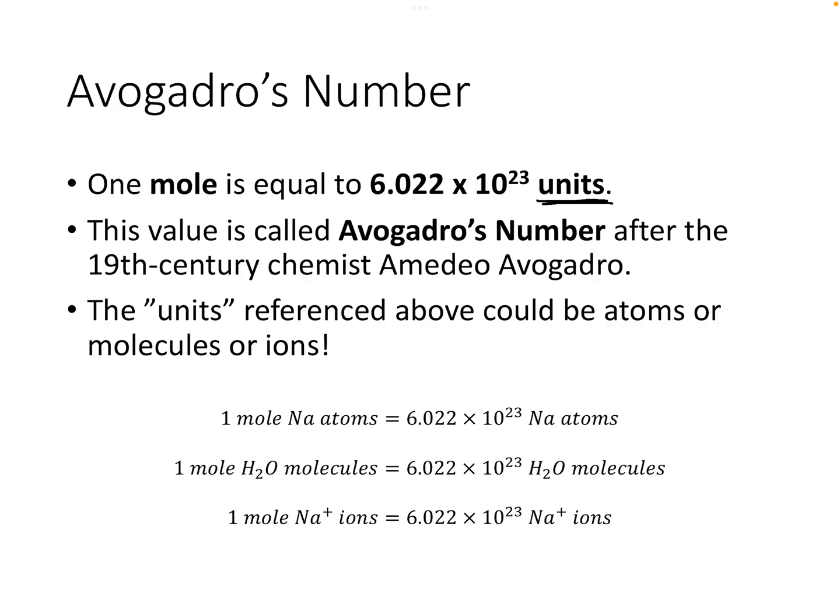So down below I have some examples where 1 mole of sodium atoms is equal to Avogadro's number of sodium atoms, and 1 mole of water molecules, H2O, is equal to Avogadro's number of water molecules. And then we have 1 mole of sodium ions, and that's equal to Avogadro's number of sodium ions. So again, if we tell somebody I have 1 mole of something, that means we have Avogadro's number of that item.